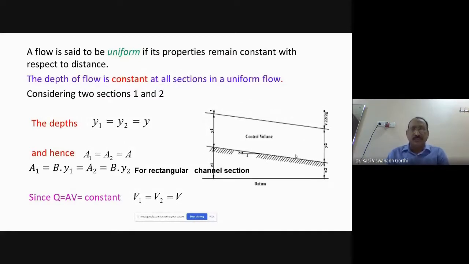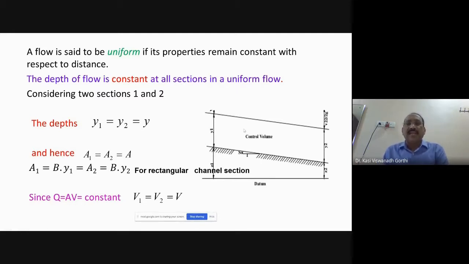So with respect to the space, with respect to the section, if the depth of flow is constant, then we say that the flow is uniform. In the figure, you may observe that there are two sections, say section 1, where the depth of flow is y1, and section 2 on the downstream side, where the depth of flow is y2, and if y1 is equal to y2, it means that the flow becomes uniform.